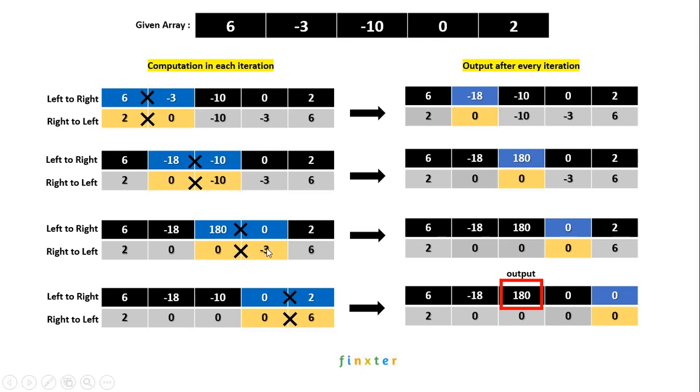So we store 0 in the current index of the second array. Finally, we multiply 0 and 2 for the first array, and we multiply 0 and 6 for the second array. And in both cases, we store 0 at the respective indexes of both arrays, since in both the cases, the result of these multiplications is 0.